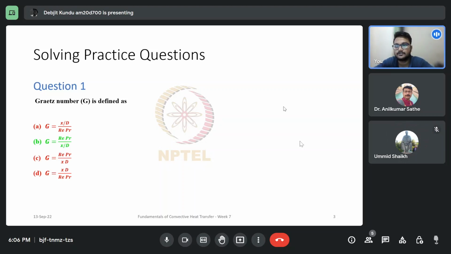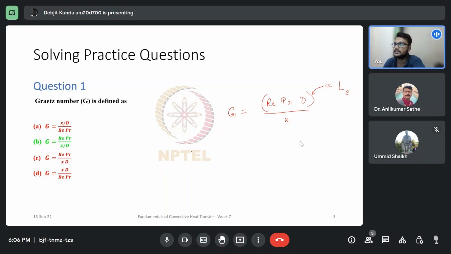So this is how the Graetz number is defined. It's Reynolds number into Prandtl number divided by x by d. So we can say that G is nothing but Reynolds number, Prandtl number into d divided by x. And remember, this quantity actually scales as the entrance length. So the Graetz number is a way of expressing how many entrance lengths we have covered by x.